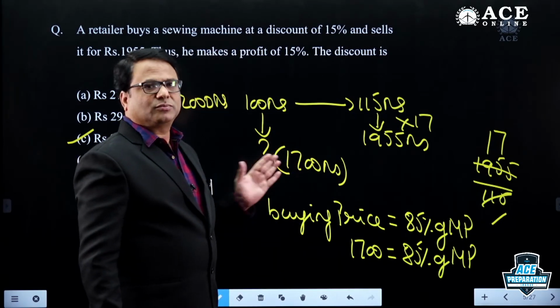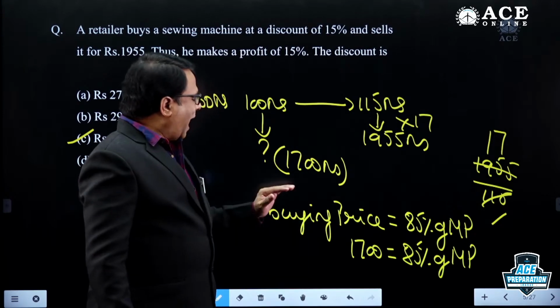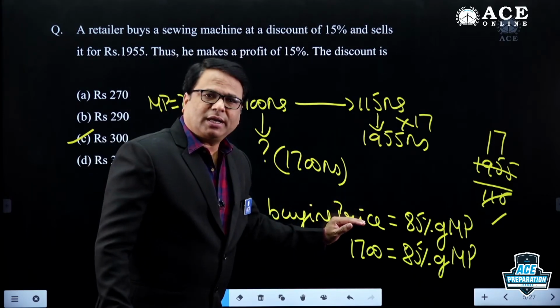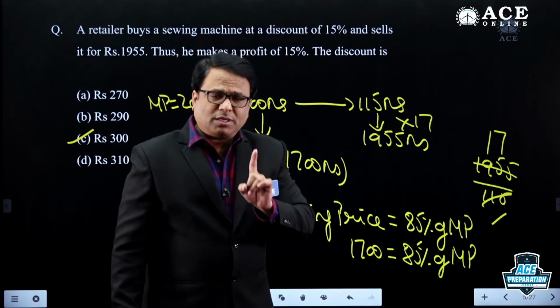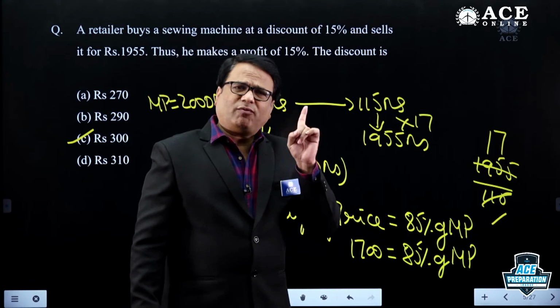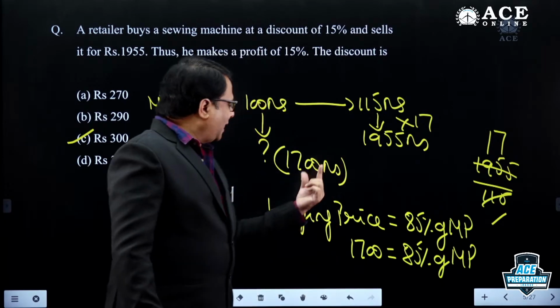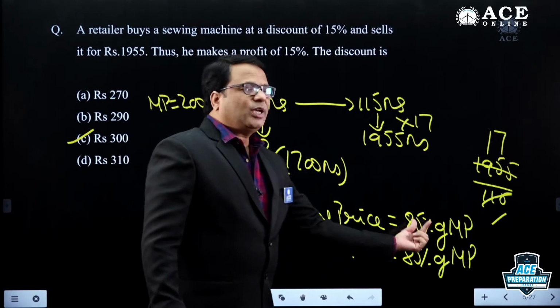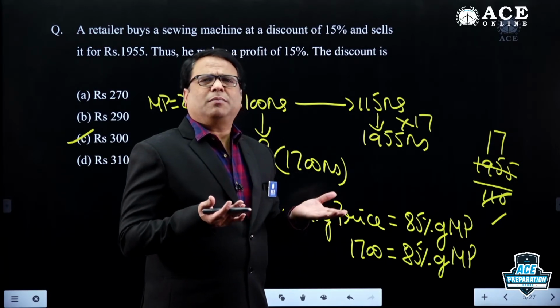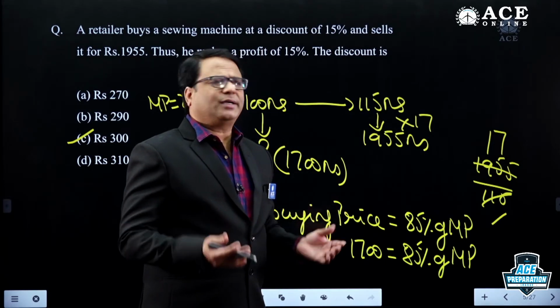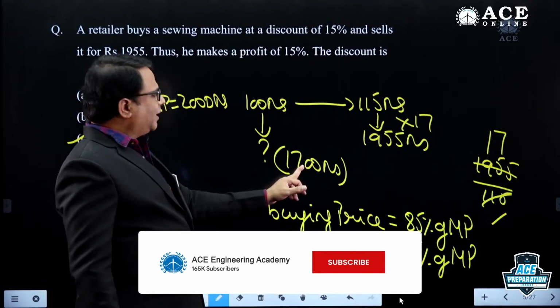1700 rupees. Okay. The next step is I can write the buying price of the retailer as 85% of market price, because the retailer is getting a discount of 15%. But how much is the buying price? We already calculated it as 1700.